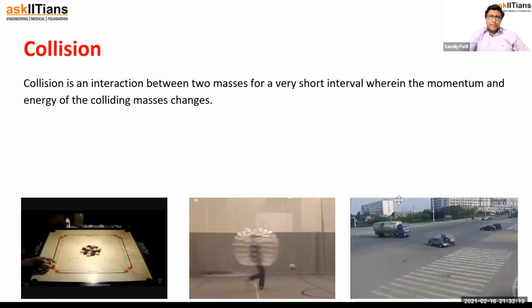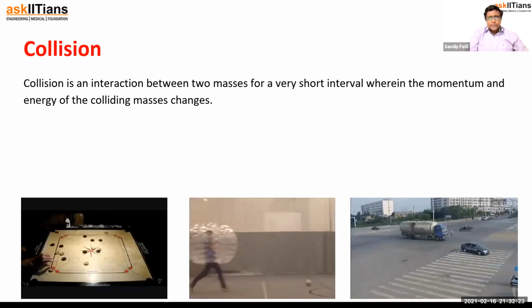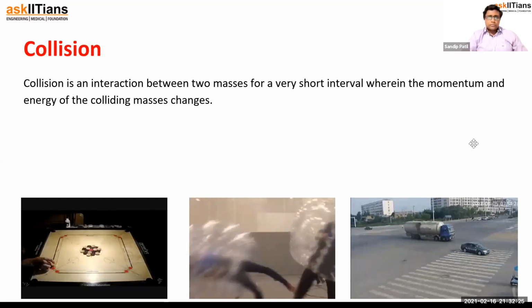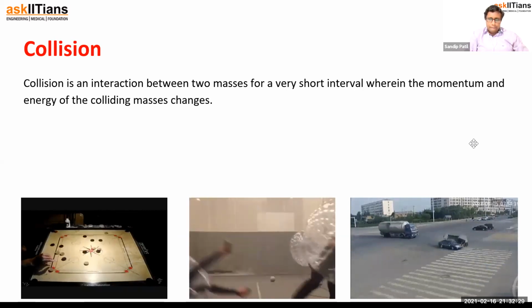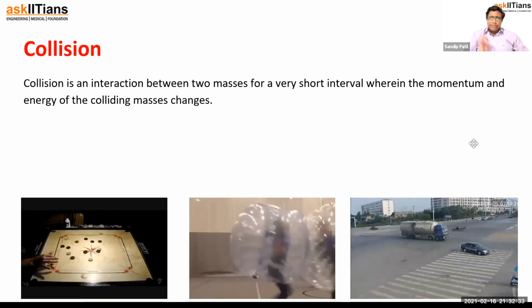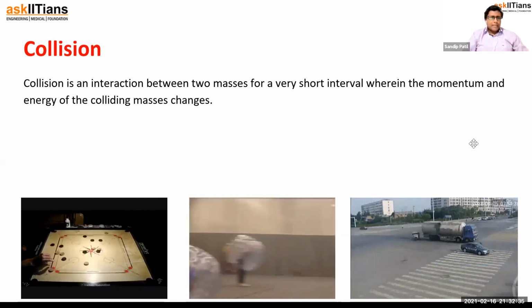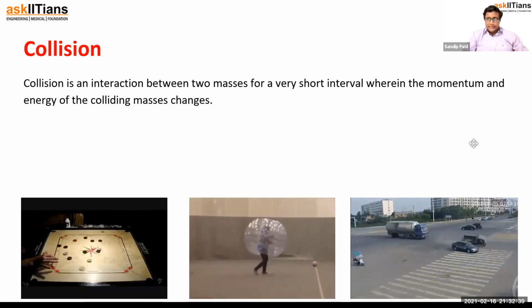Then obviously, when we are talking about momentum, there must be some collision. So what is collision? Collision is the interaction between two masses, for a very short interval, very short time you can say, wherein the momentum and the energy of the colliding masses changes.